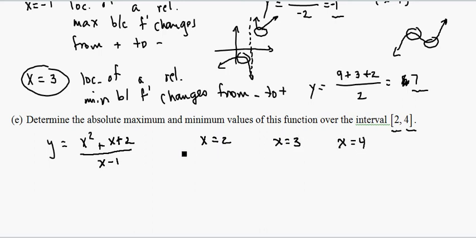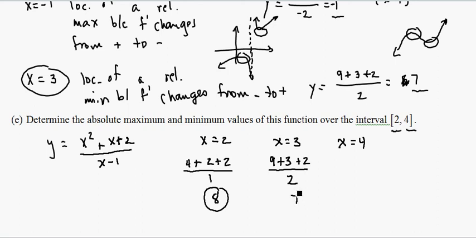x equals 4. At x equals 2, we'll have 4 plus 2 plus 2, all divided by 1, which is going to be 8. At x equals 3, we'll have 9 plus 3 plus 2, all over 2, which is going to be 7.